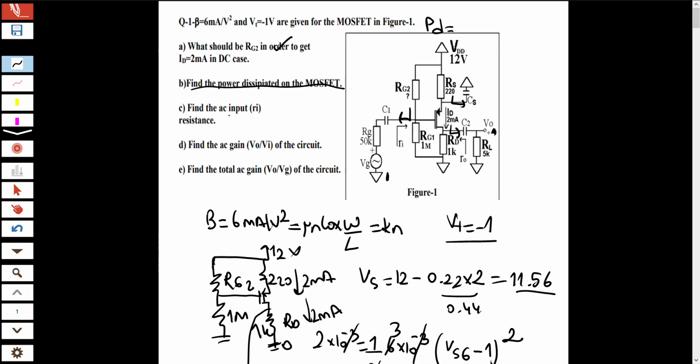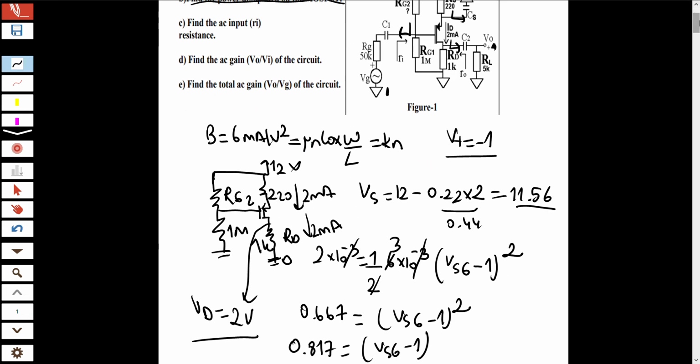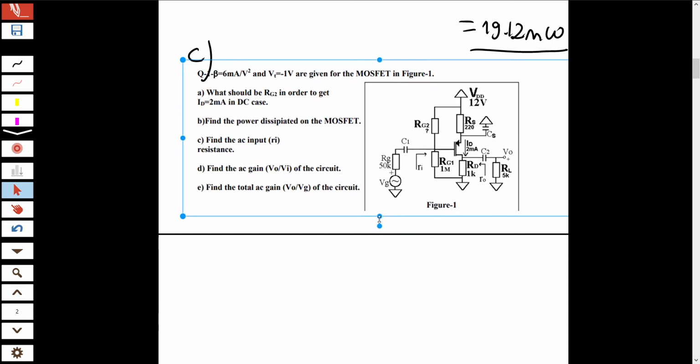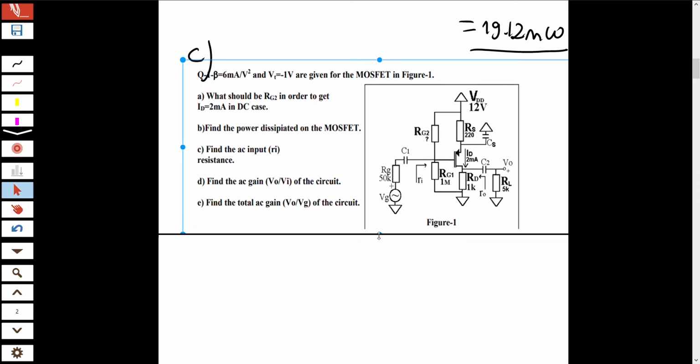Find the AC input resistance. Okay guys, right now I want to show you something. Remember my input and output resistances video. In that video I told you that, for example, the input resistance seen at the gate of the MOSFET is infinite. You should know it by heart. So in AC case, this DC voltage supply will be grounded. So what is input resistance?